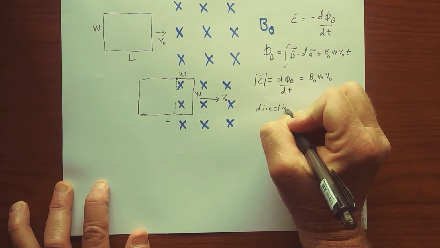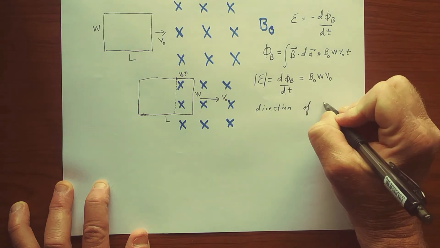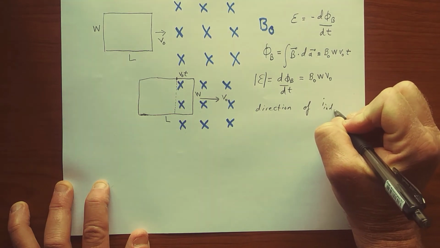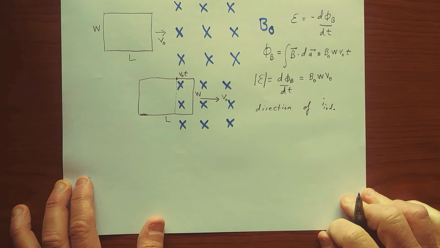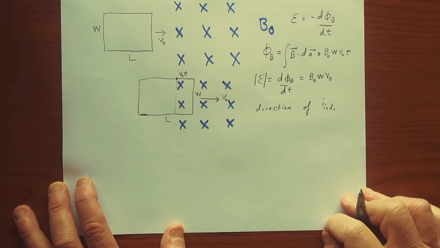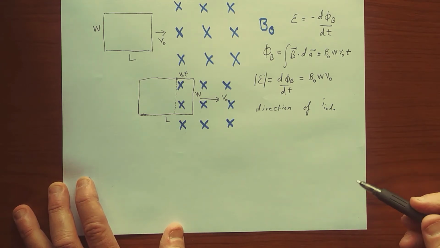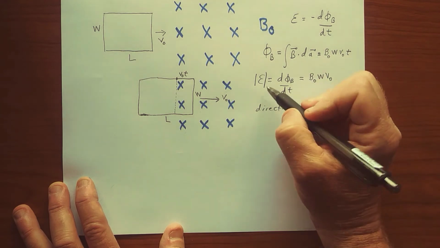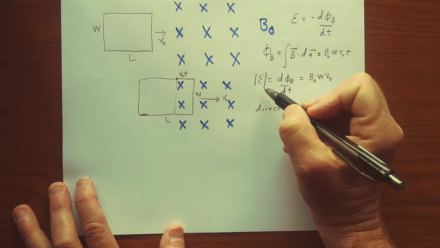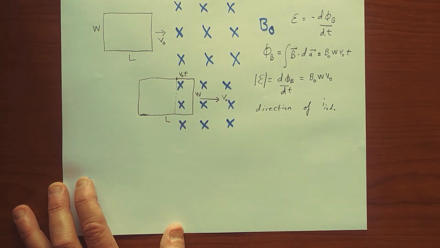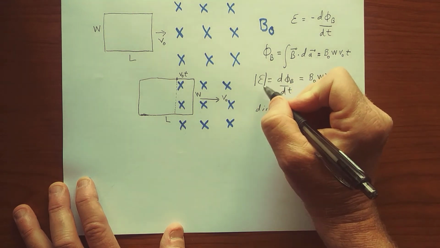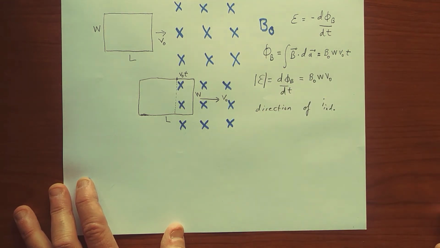Let's find the direction of the induced current. So we're not concerned with the magnitude. We could easily find the magnitude by assuming Ohm's law and then dividing the EMF by a given resistance for the loop, getting the magnitude of the induced current.